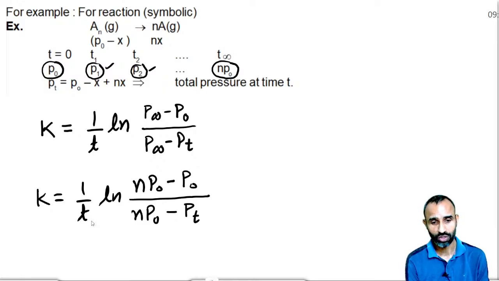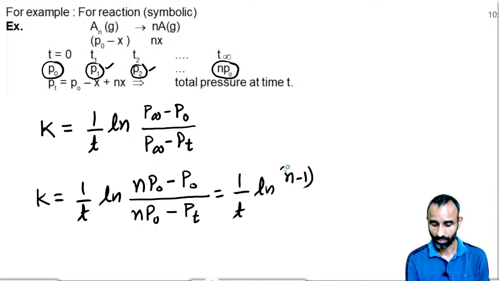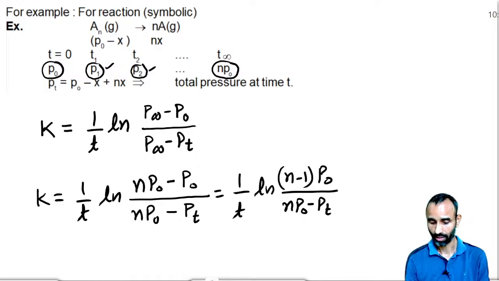If time is t1, it is P1, if time is t2, it is P2. So k comes out to be 1 upon t natural log of (n minus 1) P naught divided by n P naught minus Pt. Let us say this is the expression.